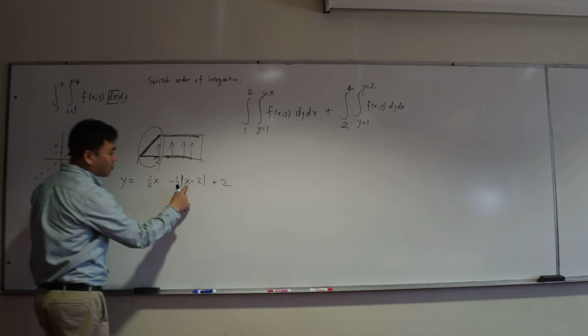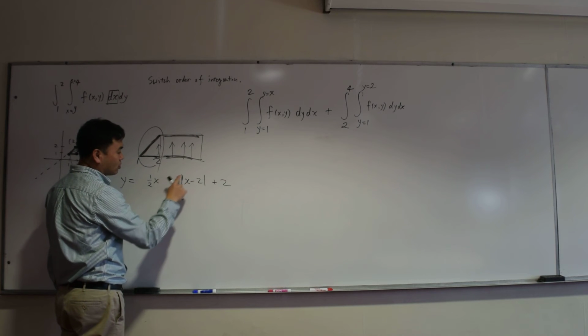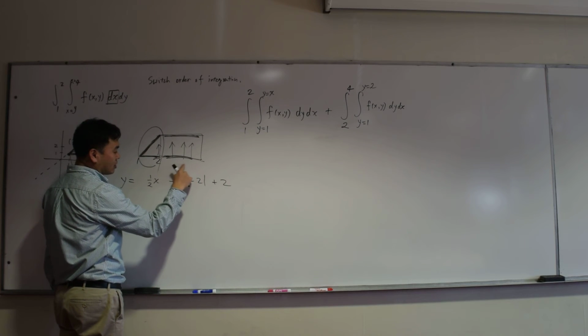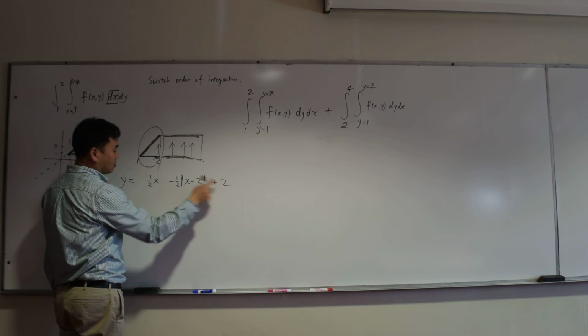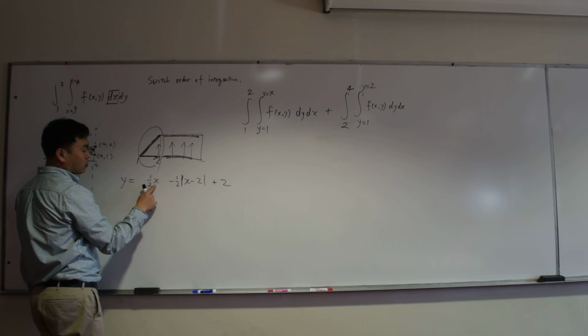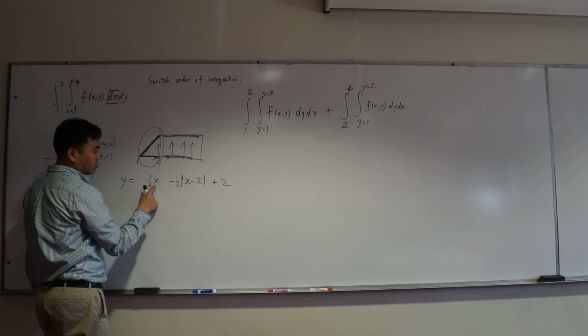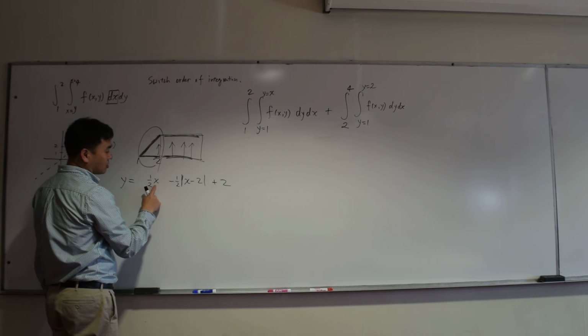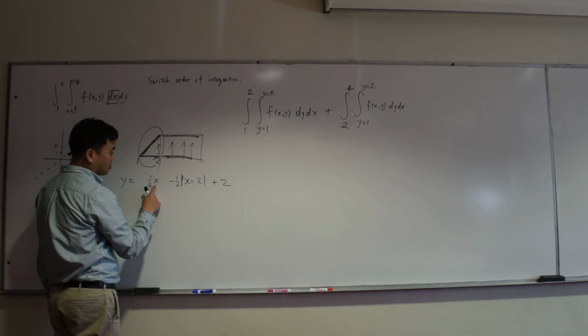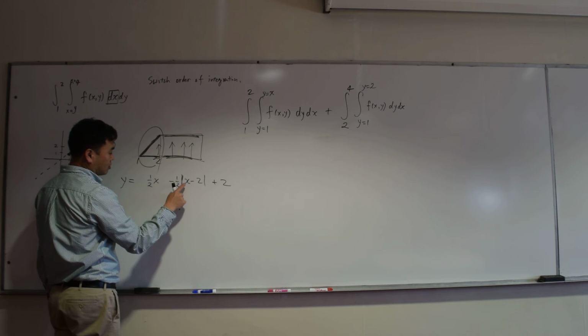If you plug in 4, 4 minus 2 is 2. Negative 1/2 times 2 is negative 1. And 4 divided by 2 is 2. No, it's off by. Should be good.